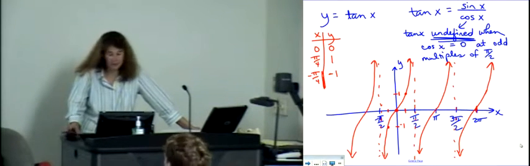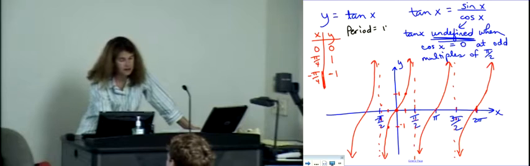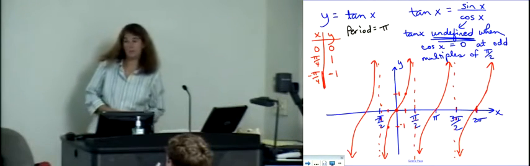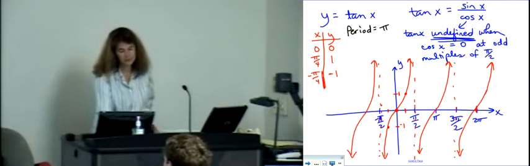Any way you look at it, the period of the graph here is pi. All the other graphs so far have been 2 pi periodic. Tangent and cotangent are both pi periodic, though.